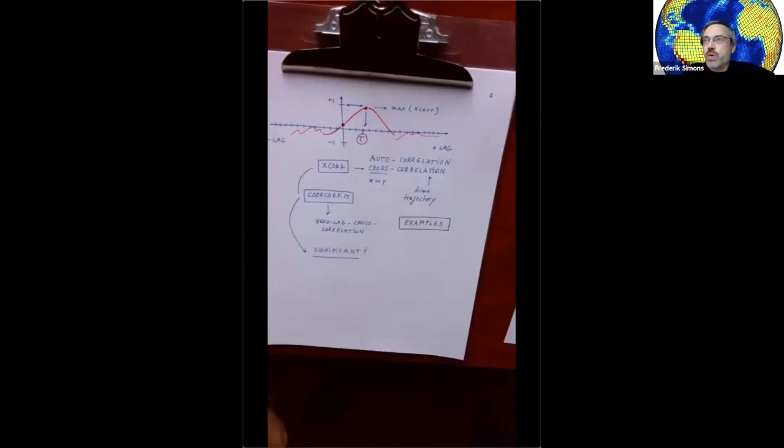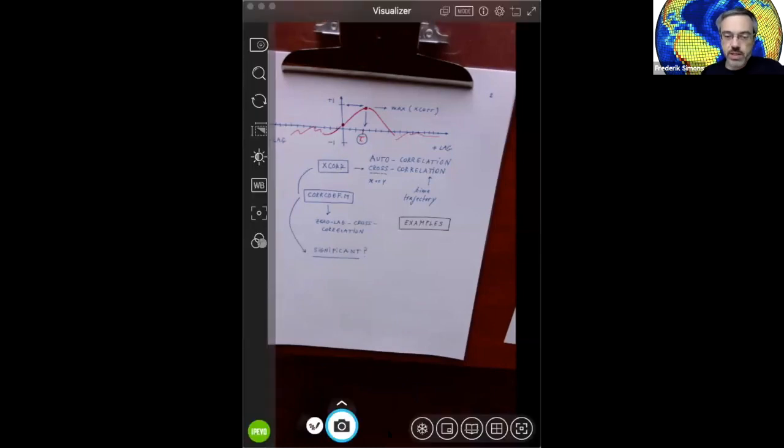Unwrapping, that's right. So you unwrap the phase, and then you still have the phase ambiguity. This happens in geodesy, in radar processing, in seismology, it happens all the time.